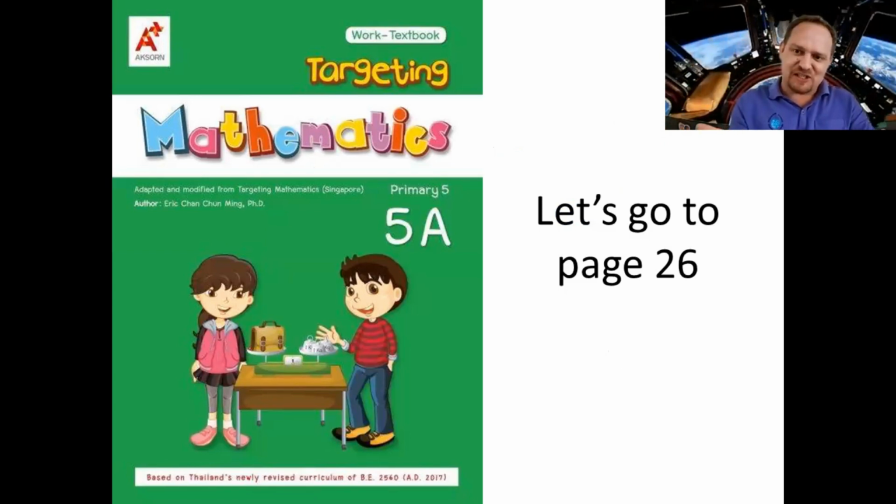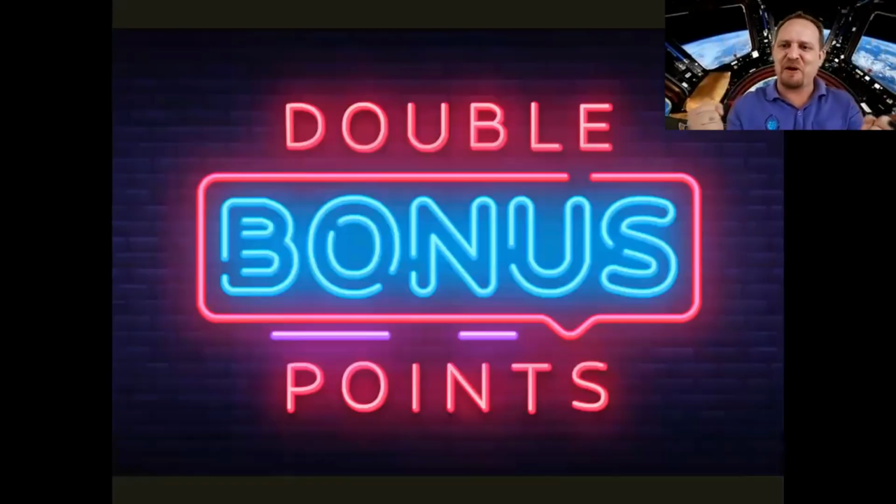Teacher Johnny is going to give you 2 points per question. That means 10 bonus points up for grabs today. Yes, double bonus points. If you take a picture of your answers today and send it to my email address, I will write your score into my book.